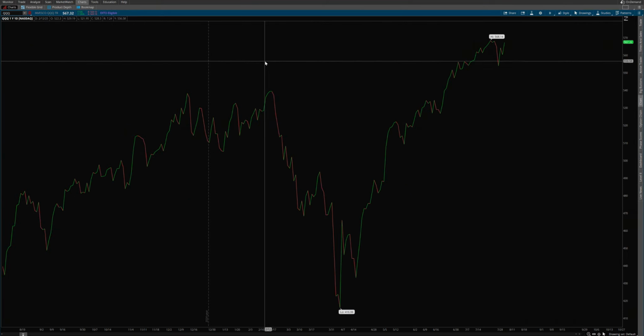Okay, the next one that we are going to look at is the line chart. This is quite a bit different, a lot less noise here, very straight to the point. The line chart simply takes the closing price at the end of the period. So on the daily chart like we're looking at here, every point on this chart is showing what the price closed at. You're going to see these types of charts if you go on Google and just search a ticker.